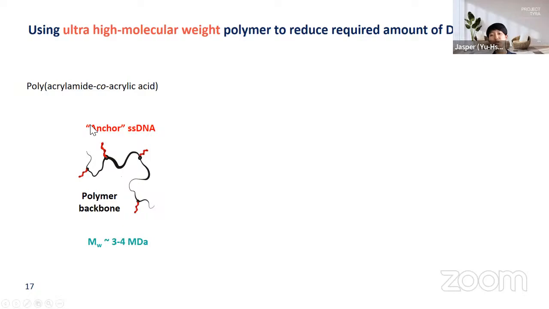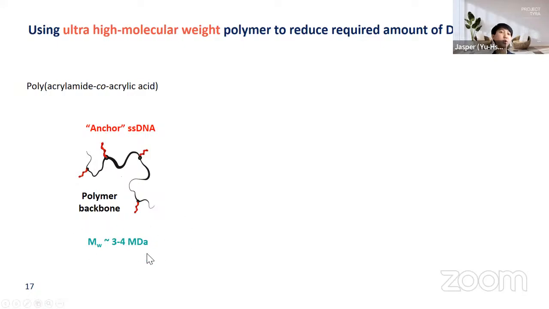And this synthetic polymer is tunable. You can change the charge or the molecular weight of the polymer. And the unique part also is that we polymerize it with single-strand DNA. There's this anchor single-strand DNA on the backbone, which allows other DNA crosslinkers to sit on it and form crosslinks.